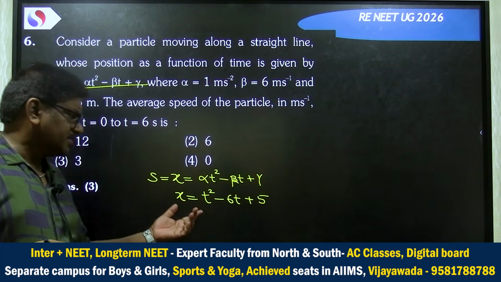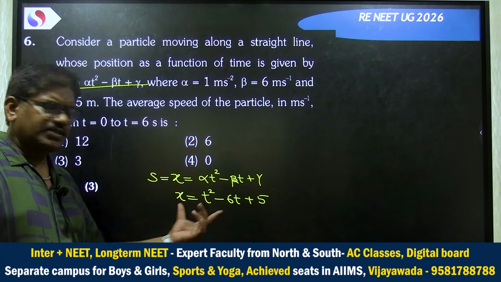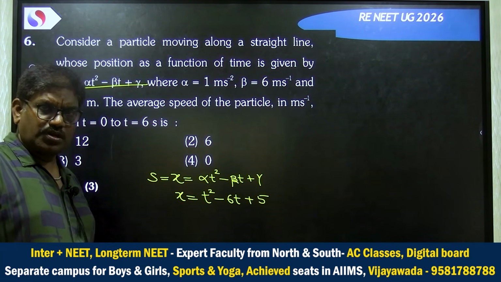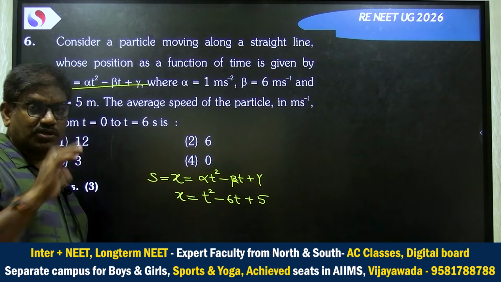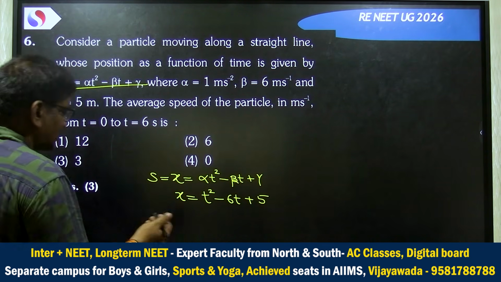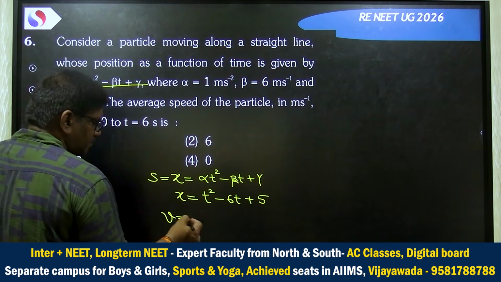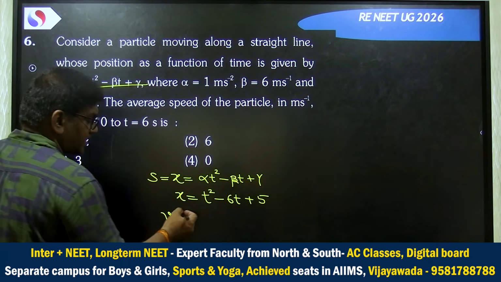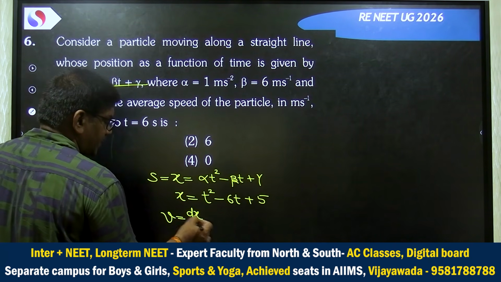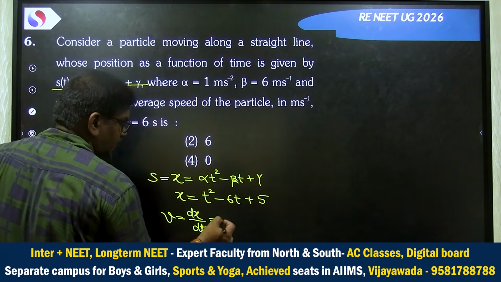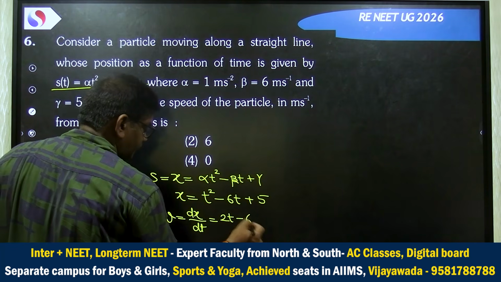By comparison, we can clearly see this is a uniformly accelerated motion. And you know that for uniformly accelerated motion, the v-t graph will be a straight line. So let's make the v-t graph of this, because directly we can get the distance from the v-t graph. What is dx by dt? dx by dt comes out to be 2t minus 6.